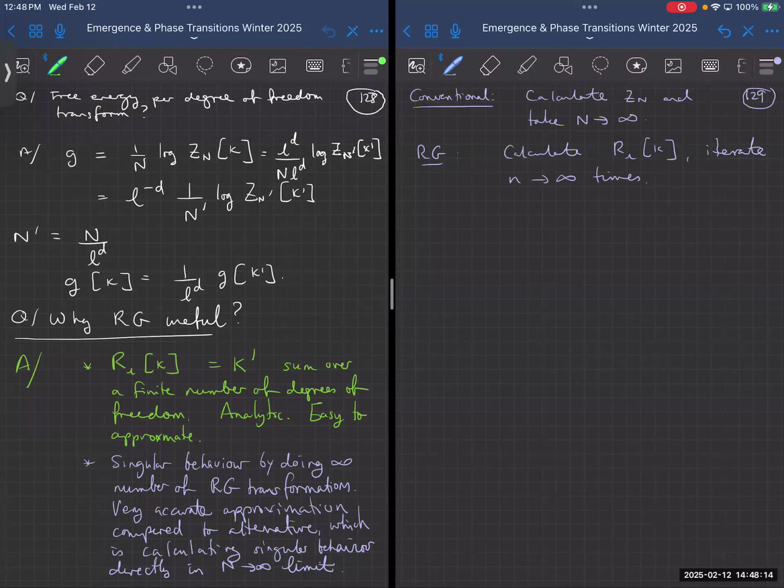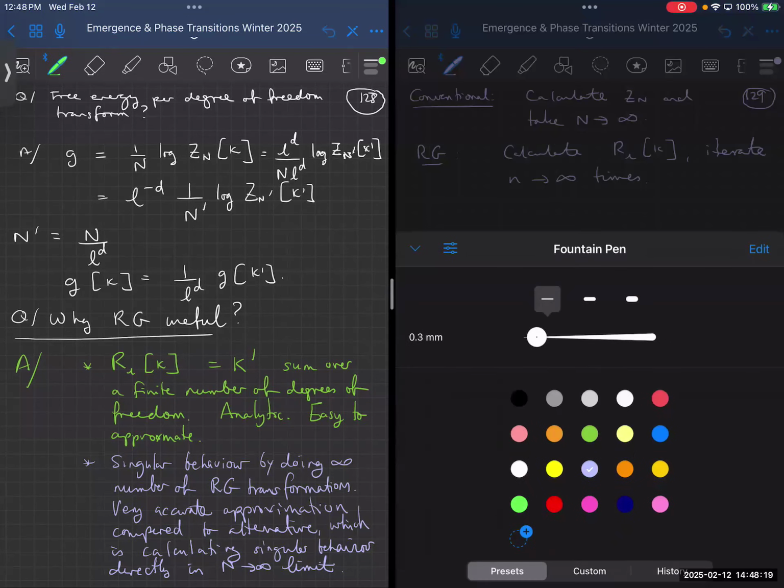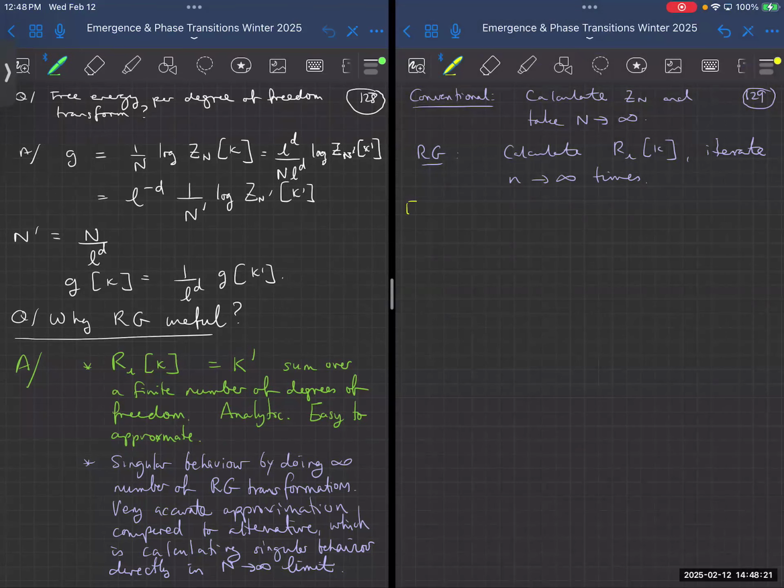So let me give you an example of how this actually works in practice. I'm going to give you an example of how to get non-analytic behavior from an analytic transformation.